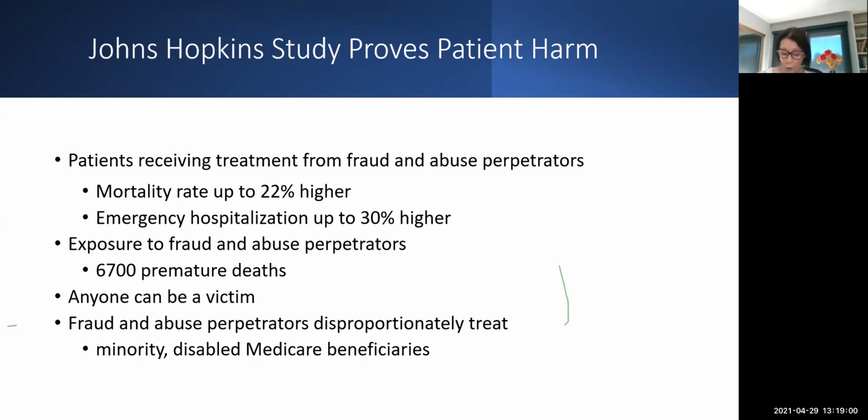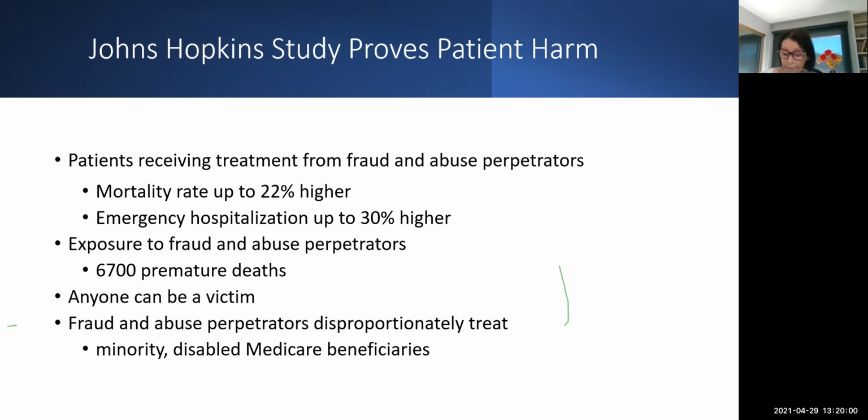The study shows that when people go to a bad doctor, somebody who, for example, uses unskilled people to treat you, or somebody who overprescribes opioids when they shouldn't, or a bad doctor who is practicing with a suspended license, which is not allowed, they are up to 22% more likely to die and up to 30% more likely to have such bad care that they have to be rushed to an emergency hospital within 12 months of being treated by that bad doctor.